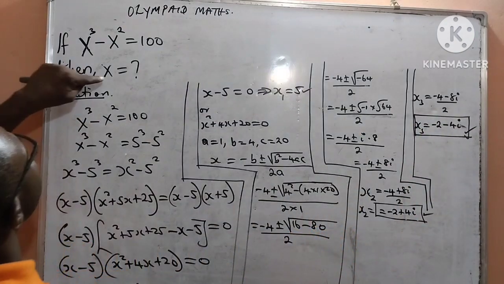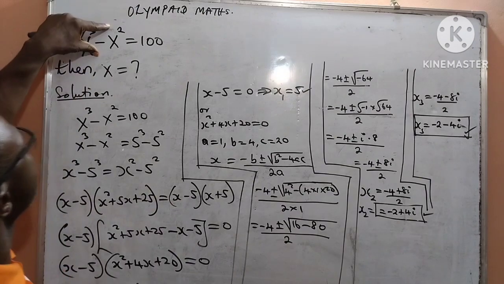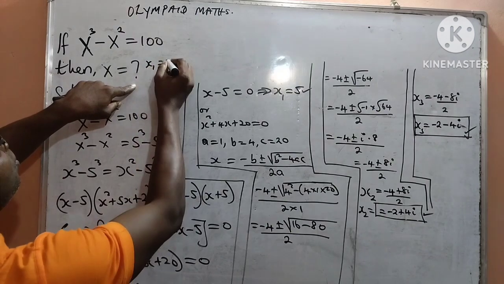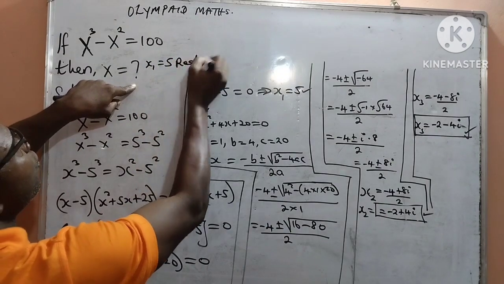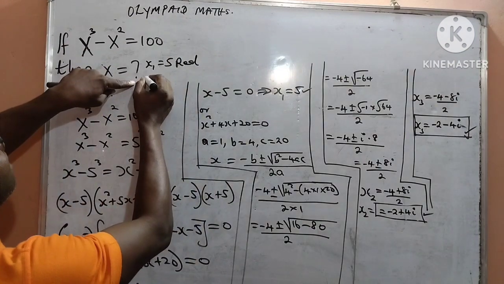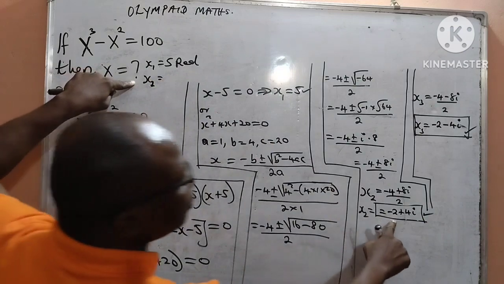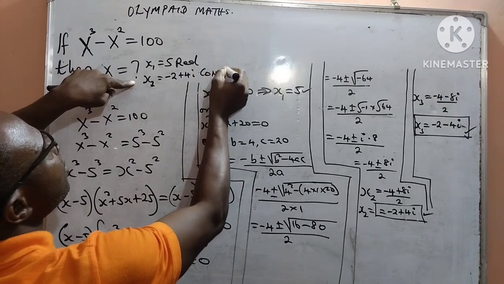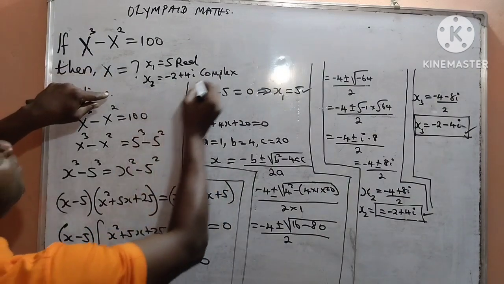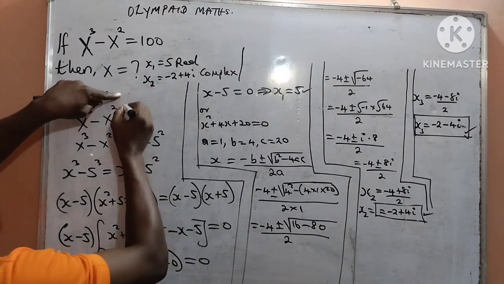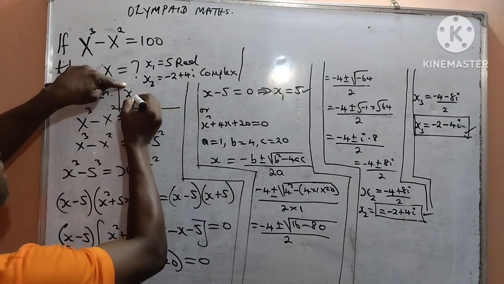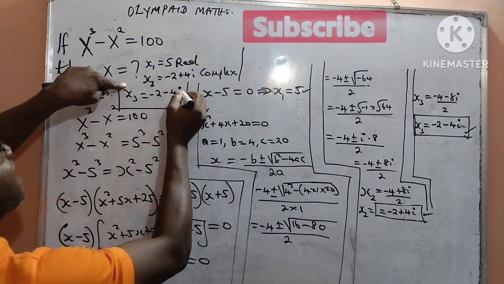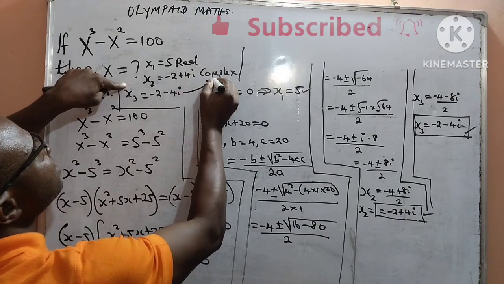In conclusion, the values of x here for the given question are, first one, x is equal to 5, real root. Second one, x is equal to minus 2 plus 4i, complex root. And the third one, x3 is equal to minus 2 minus 4i. This is also a complex root.